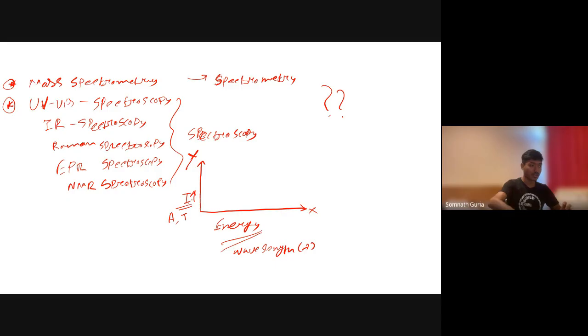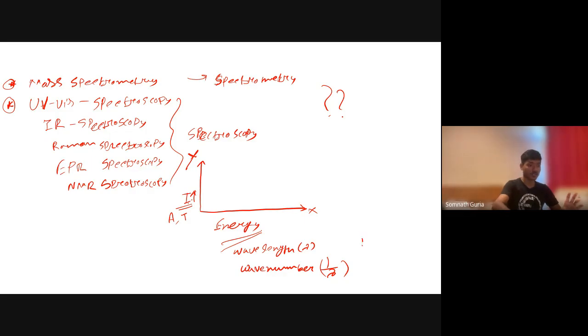In IR, the y-axis is transmittance, one kind of intensity parameter, and the x-axis is called wave number, which is nothing but 1 by lambda, also a term of the energy.